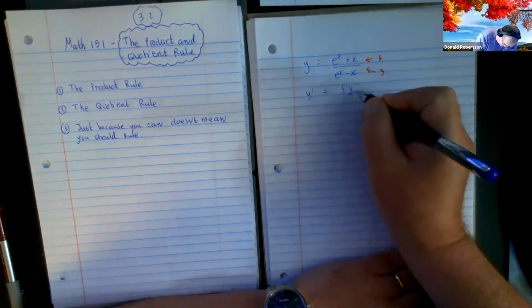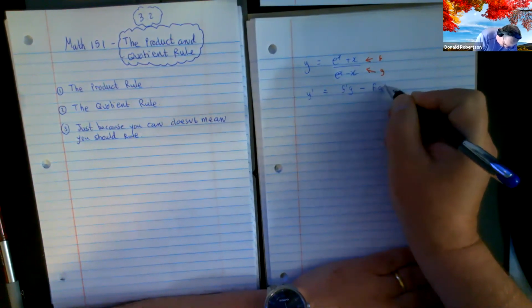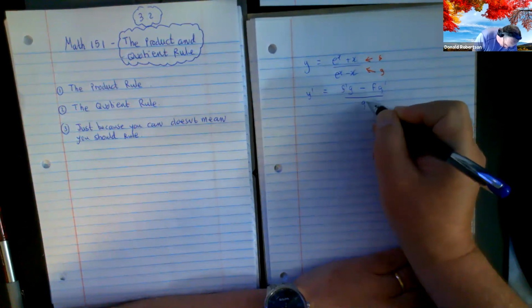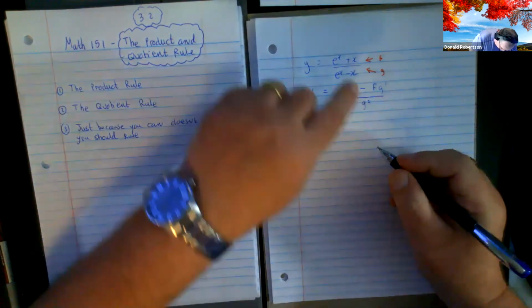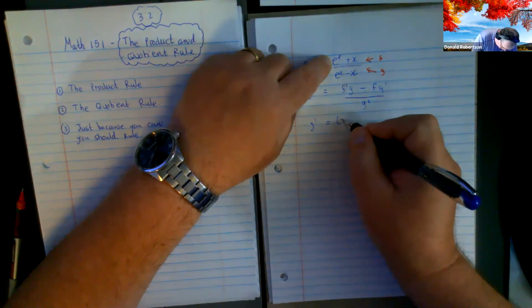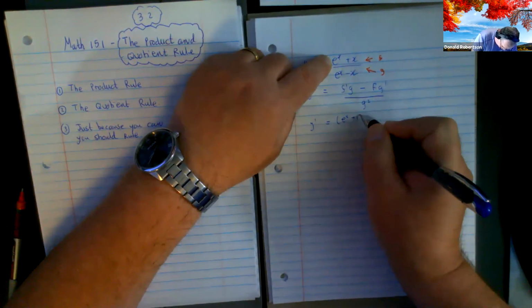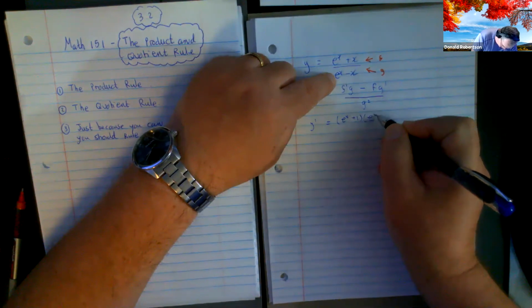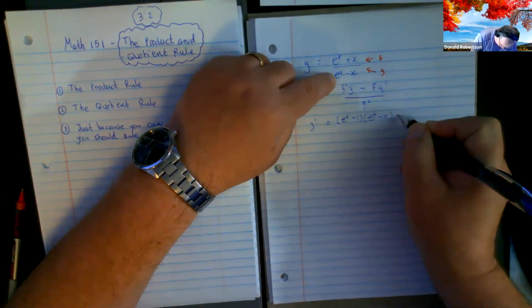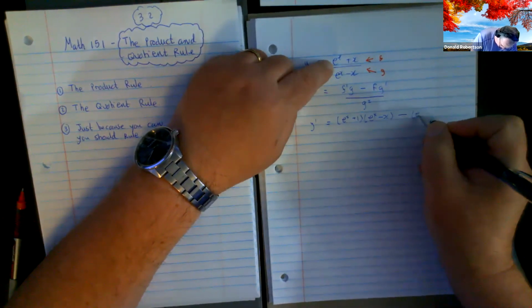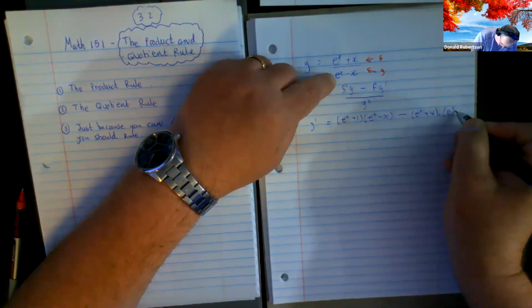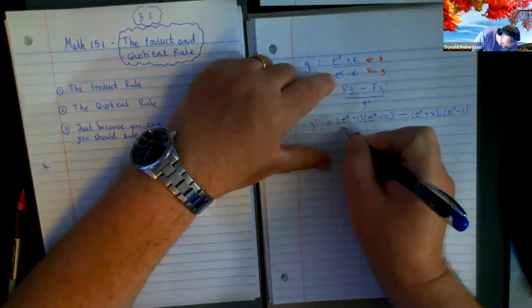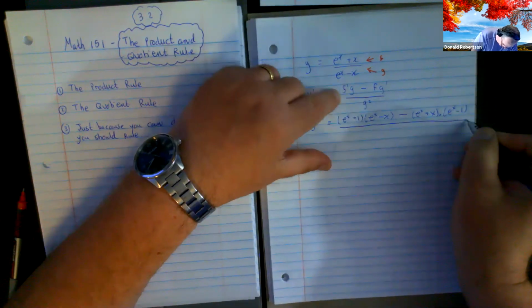F dash G, take away F G dashed over G squared. Okay, if you differentiate the top, you get e to the x plus 1. If you leave the bottom alone, you get that. Subtract, leave the top alone, and differentiate the bottom. And then square the bottom.